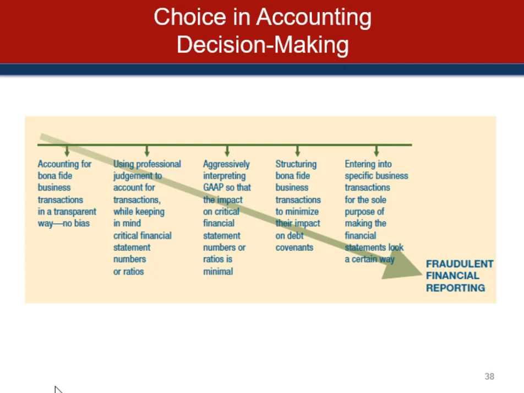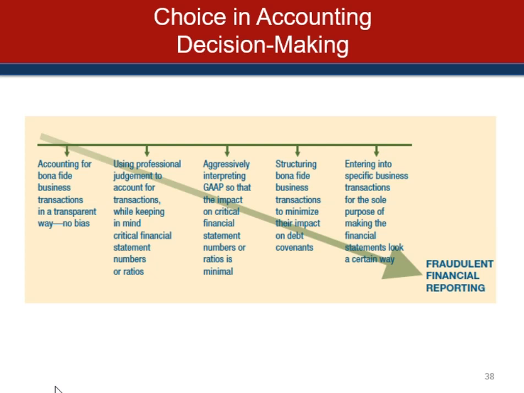That's not always possible, but there's a continuum between that kind of ideal situation to where we use professional judgment to account for transactions, and we keep in mind the critical financial statements issues that we just discussed, such as the principle-based approach, contractual regulatory requirements, management bonuses, and capital markets focus on earnings and earnings per share.